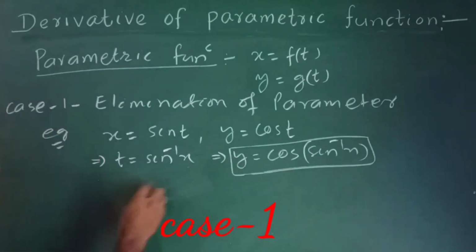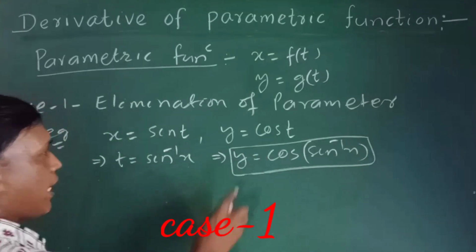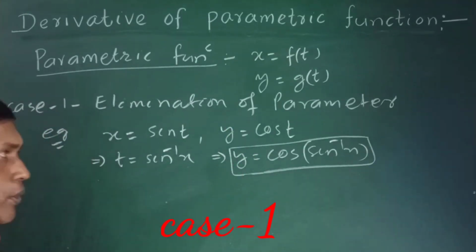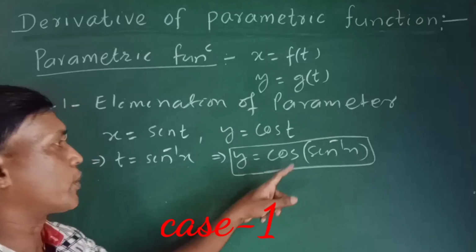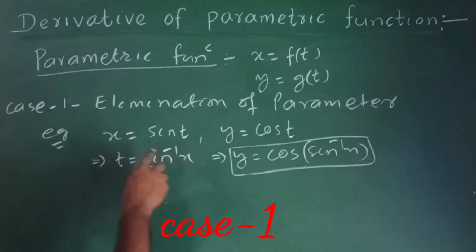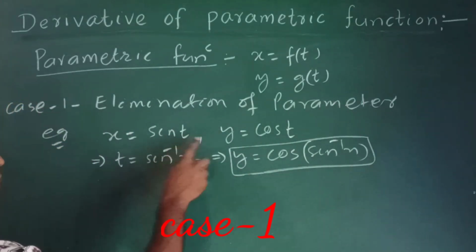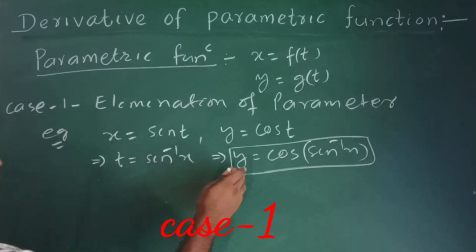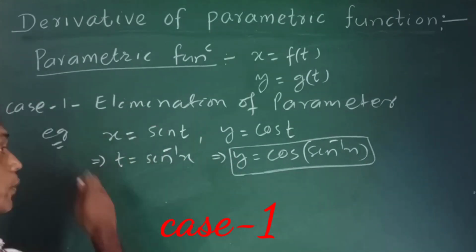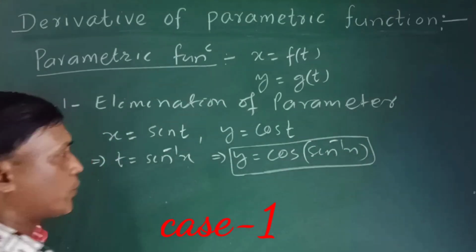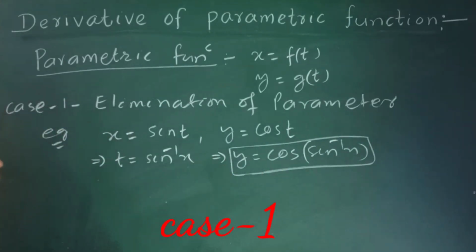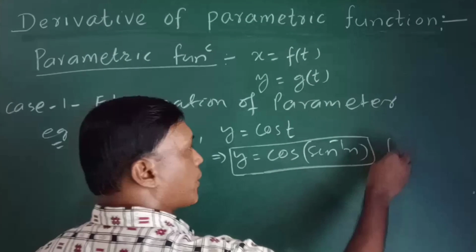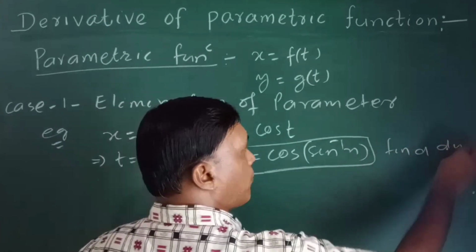So here dy by dx can be obtained as in case of implicit function as y is function of x. So जब पैरामेट्रिक फंक्शन में थर्ड वेरिएबल पैरामीटर को तुम एलिमिनेट कर सकते हो तो क्या होता है, पैरामीटर एलिमिनेट होने के बाद y x का फंक्शन हो जाता है एंड दिस कैन बी इजीली डिफरेंशिएटेड. लाइक यू कैन फाइंड हियर dy by dx.